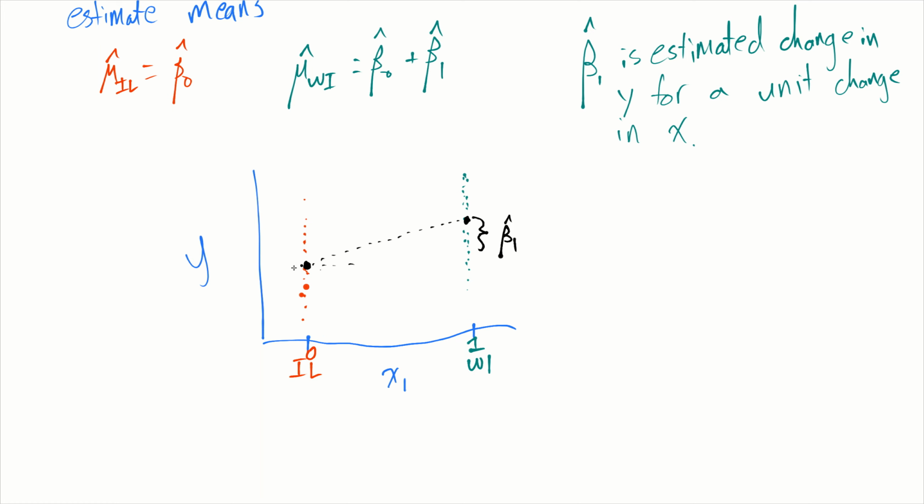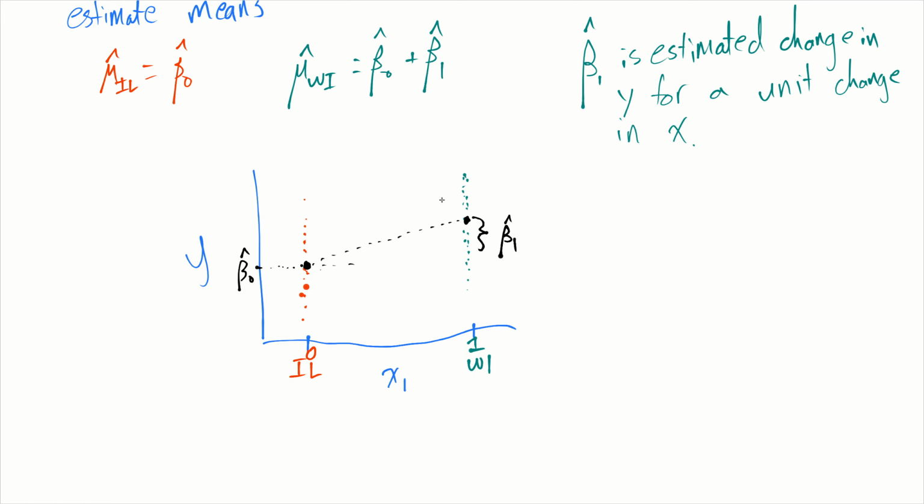And this value here, our intercept, I guess I should really have the axis of y be right here. This would be beta naught hat. Okay, this is our intercept. So when x is 0, that corresponds to the sample mean of Illinois, so that's beta naught hat.